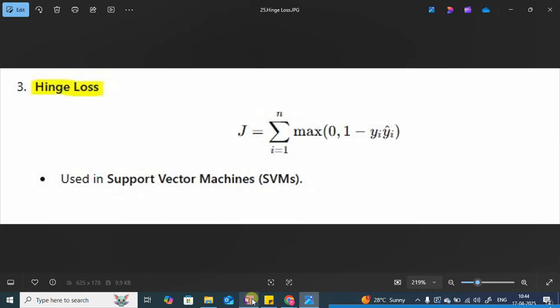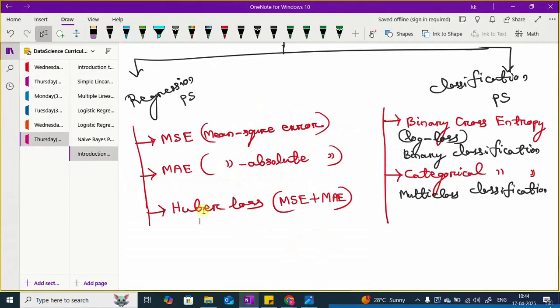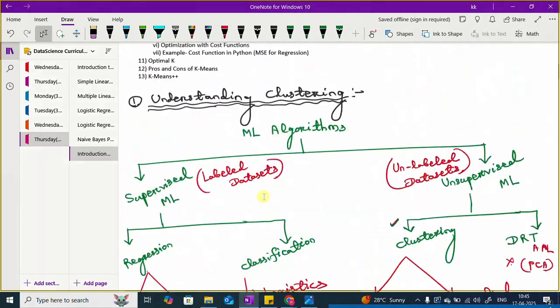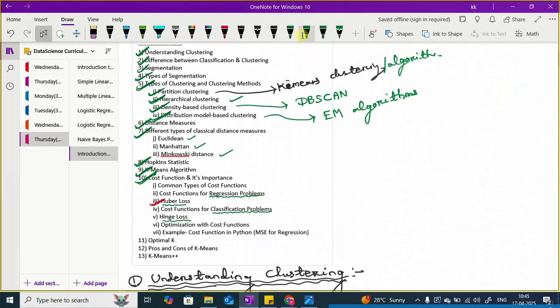Now, as we have Huber loss, similarly there is another loss called hinge loss, which we use generally in support vector machine. It's an advanced machine learning technique altogether. So this is hinge loss. Clear, guys? That's what I have already mentioned in my agenda.